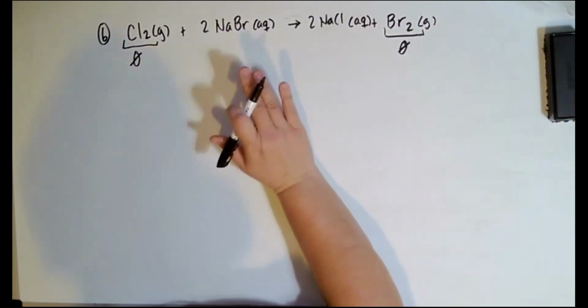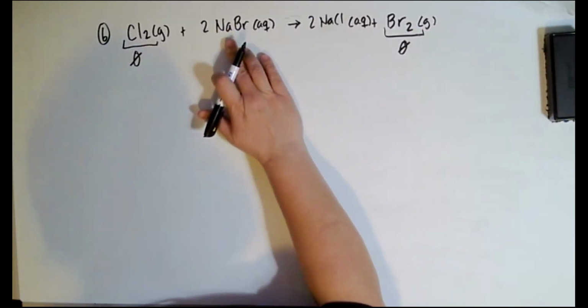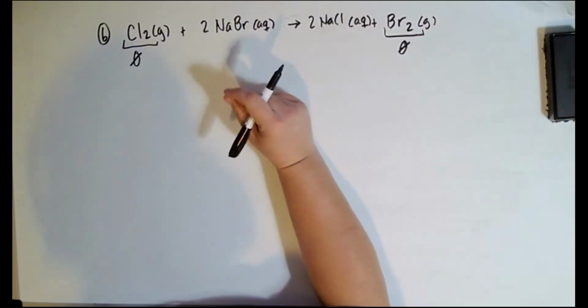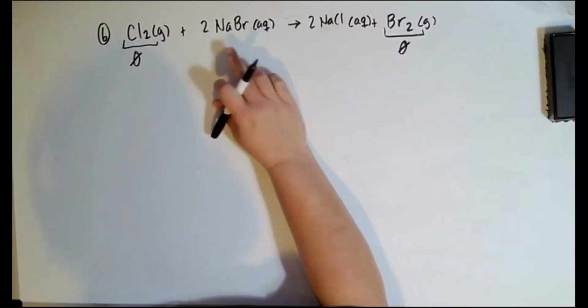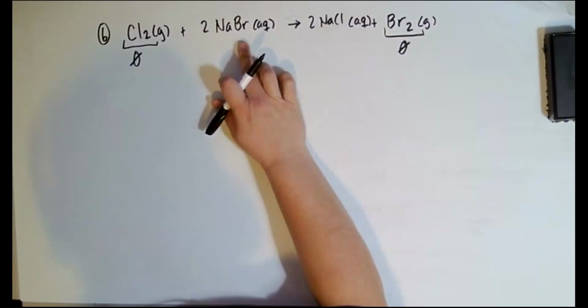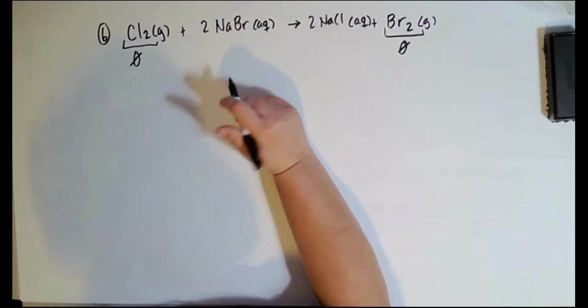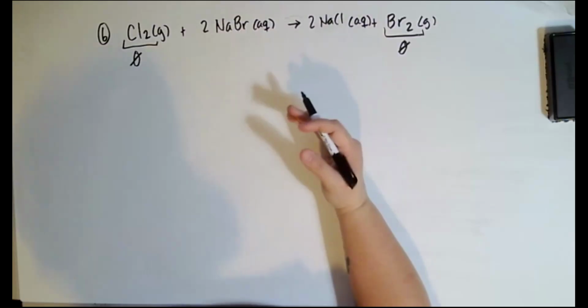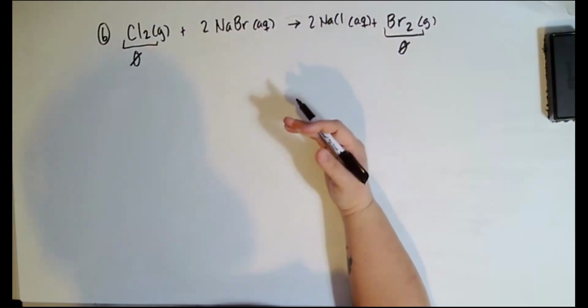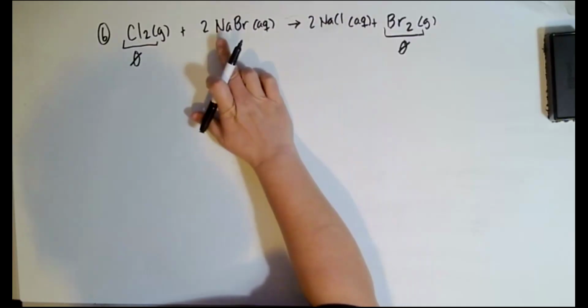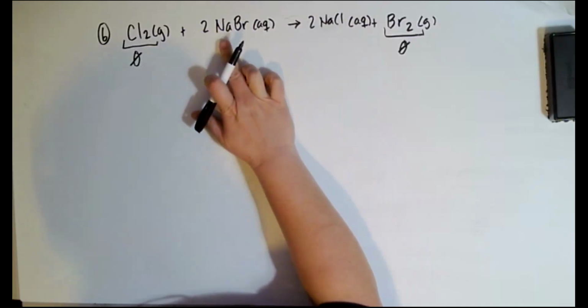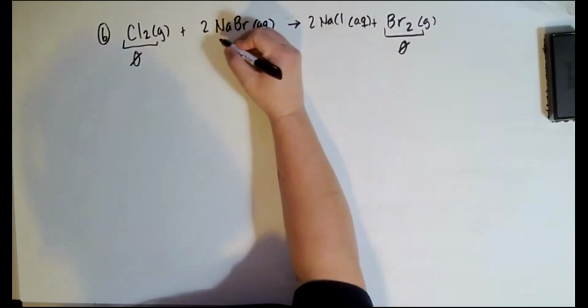And you can look at the likely charges of the elements that make up your compound to help you figure out what the oxidation numbers are going to be. We talked about the list of rules, so if you still have your list of oxidation rules, you can use those as a reference too. We know that sodium is a group 1 metal, so it's going to have an oxidation number of +1 like all other group 1 metals.